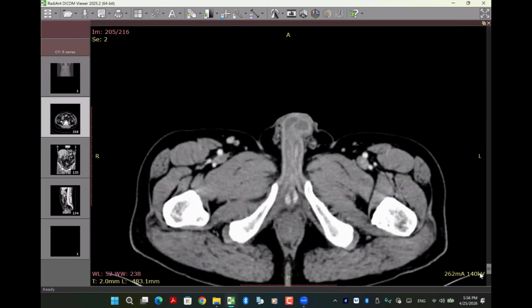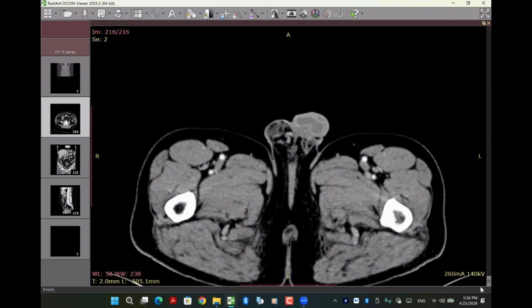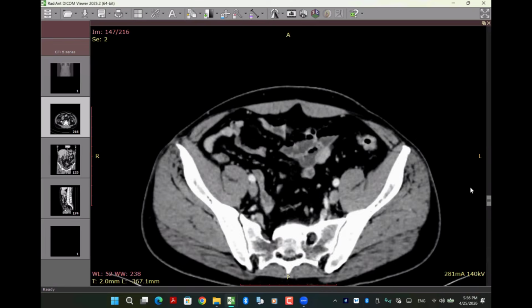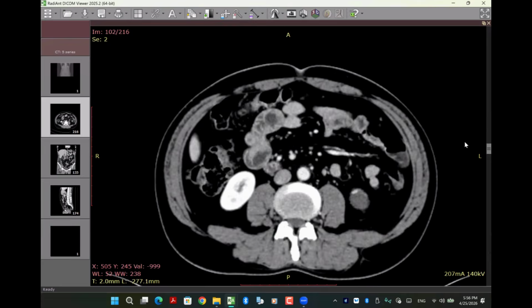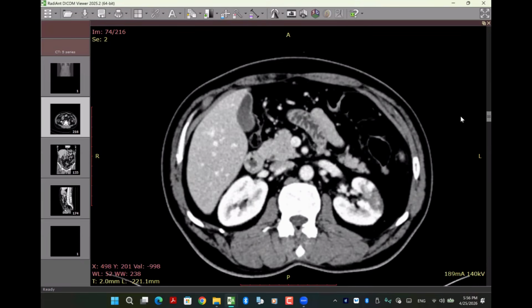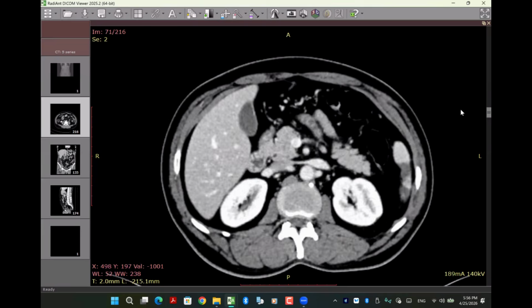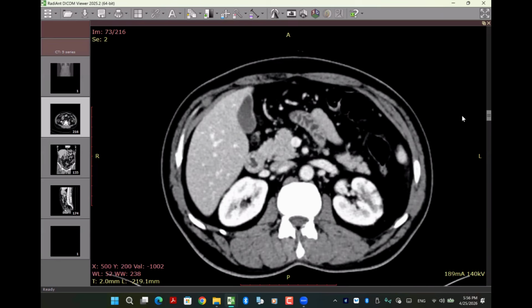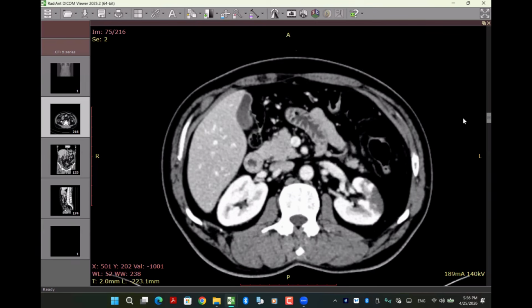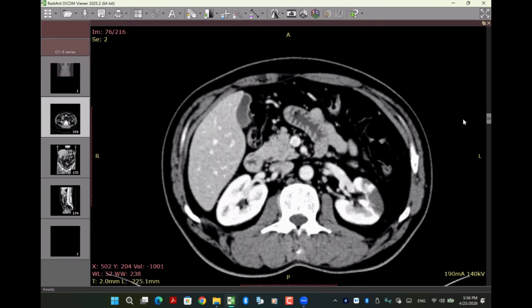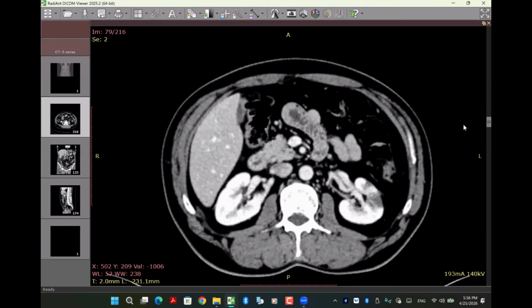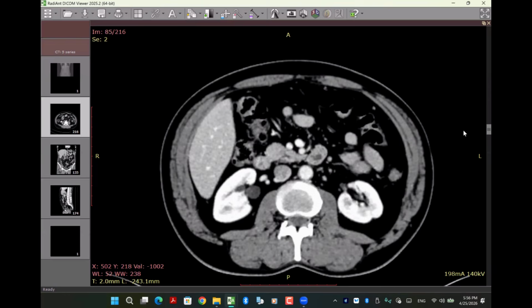So I can appreciate that the patient is a skeletally mature adult male, and there is some perirenal fissuring noted in this phase, which is the corticomedullary phase of the renal imaging, in which a peripheral cortical fissuring is noted. There is also some evidence of peripheral hypodensities within the periphery of the left lower renal cortex.